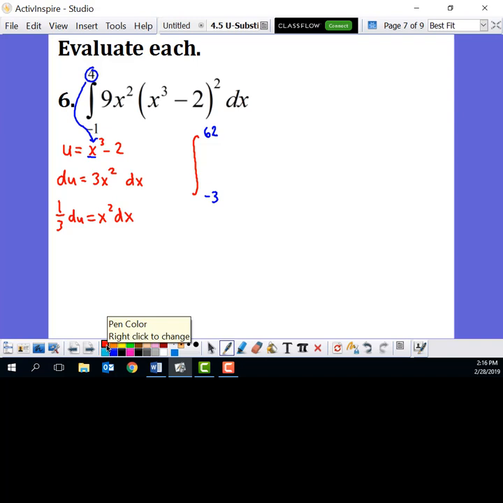We're going to be happy that we did that after we evaluate this integral. Okay, so I also notice in my integral I had a 9 that I can slide out to the front. So I have 9 times the integral of u squared times 1/3 du.